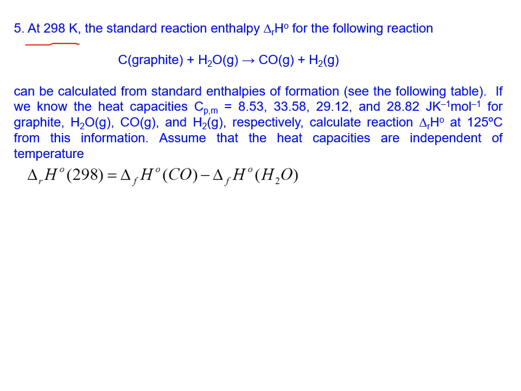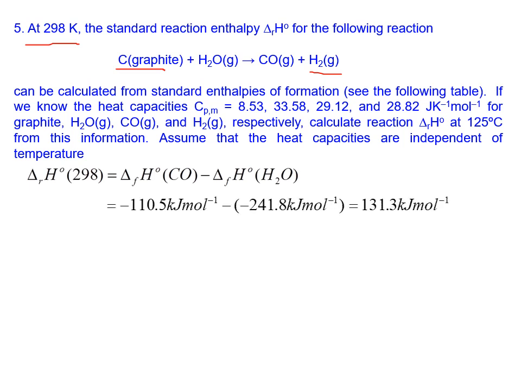The equation is the formation enthalpy of product minus reactants. In this reaction, carbon and hydrogen are elements, so they are zeros. And you can find the values for CO and water, and the calculated value is 131.3 kilojoule per mole.